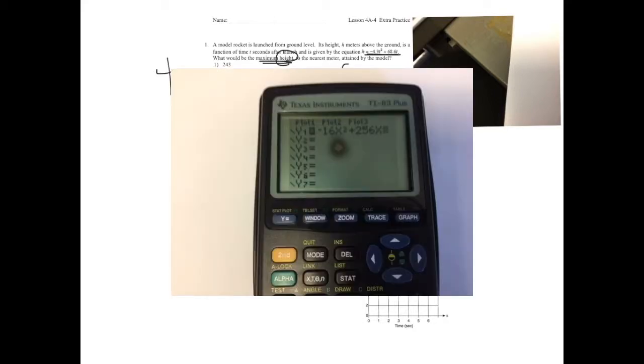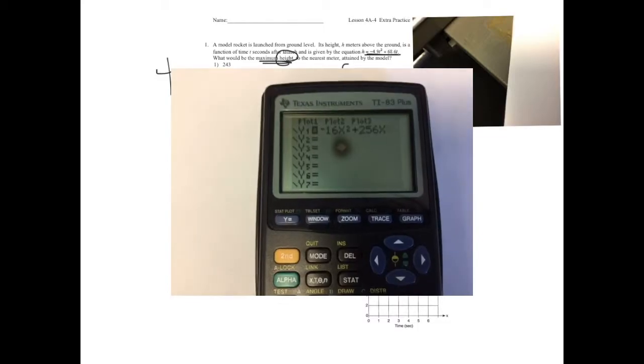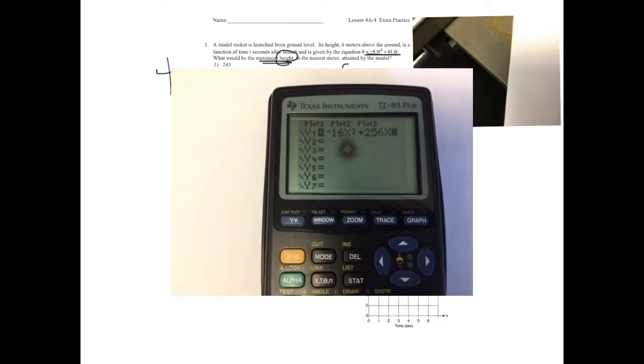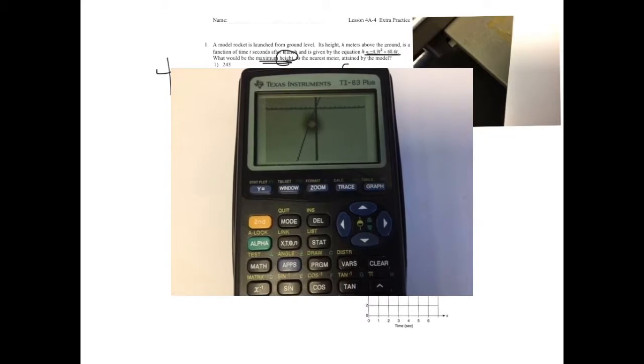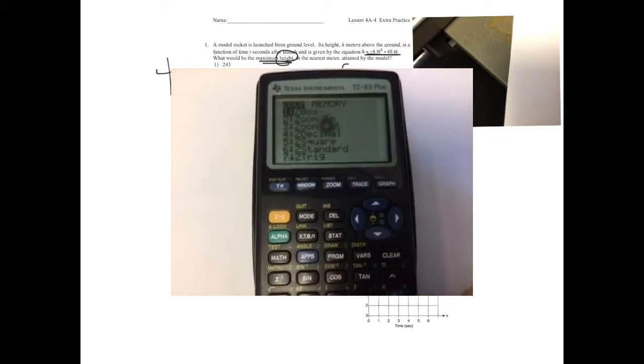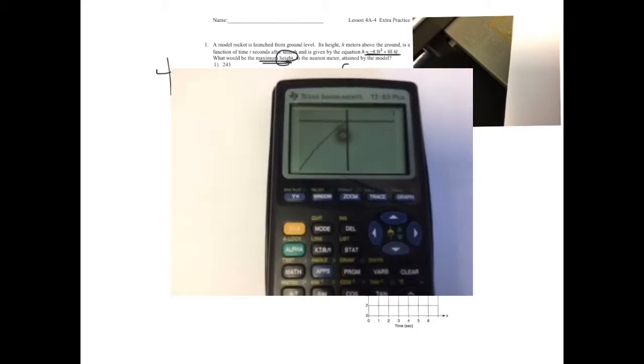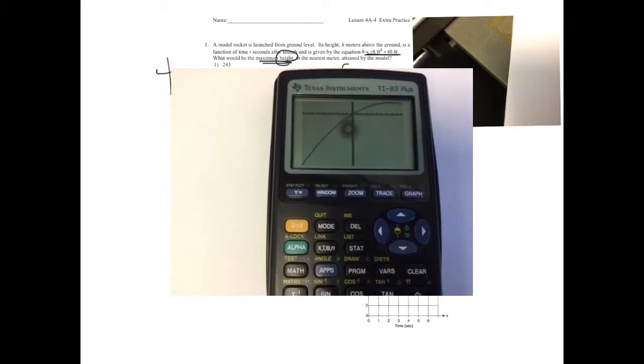So we are again over here on our little video. We put that in, graph it. Do we have a minimum or a maximum? Well, we can't really see that, so we're going to zoom fit. Now, you kind of get the gist.